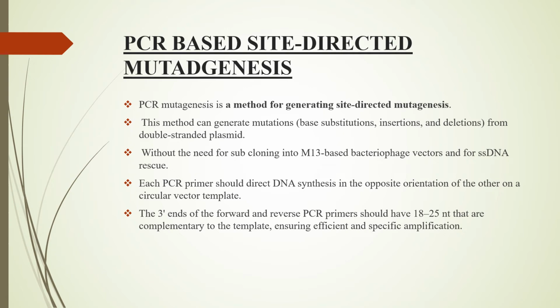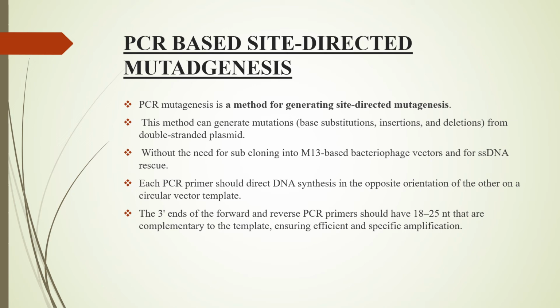Now, PCR-based site-directed mutagenesis. PCR mutagenesis is a method for generating site-directed mutations. This method can generate mutations from double-stranded plasmid without the need for subcloning into M13-based vector phage vectors and for ssDNA rescue.